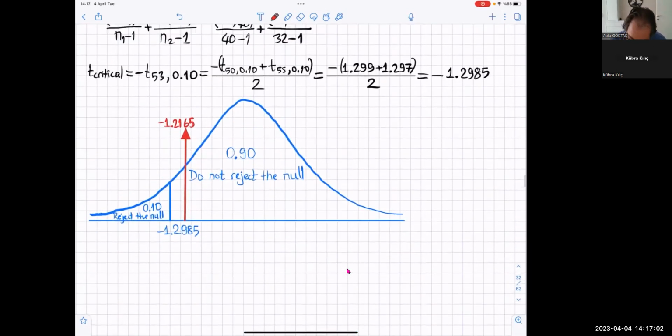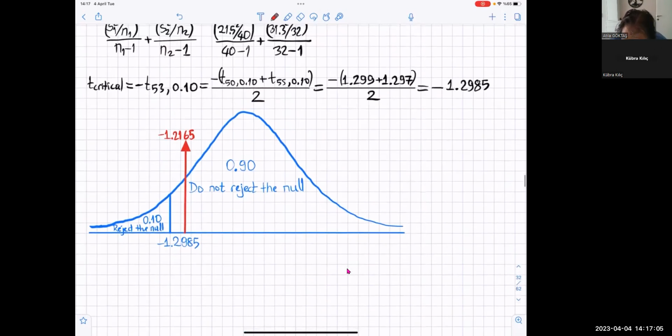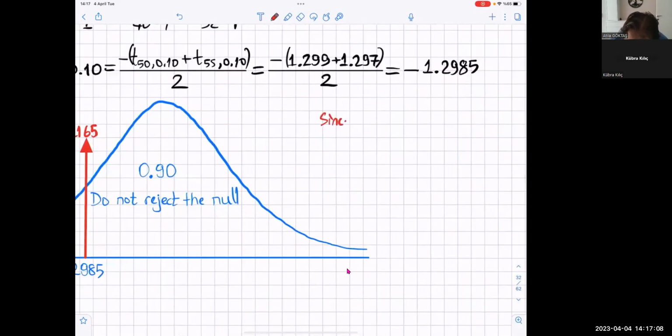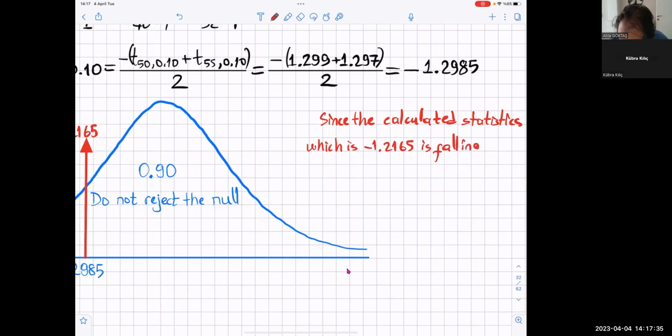You can tell that the calculated statistic, which is minus 1.2165, is falling within the non-rejection area.